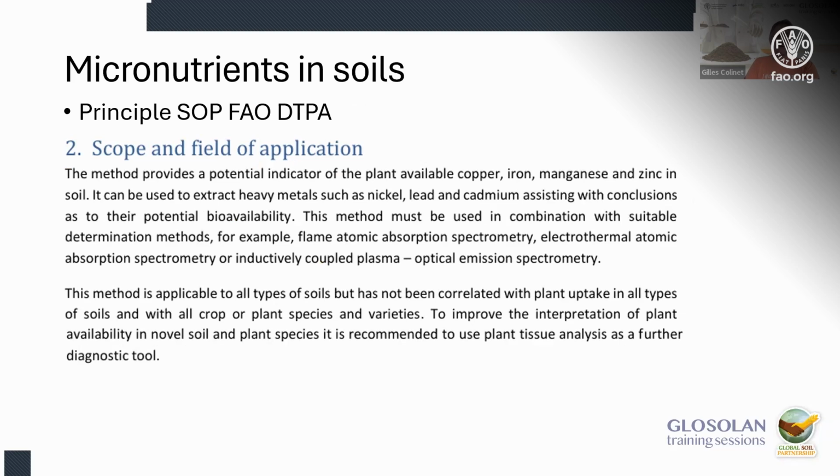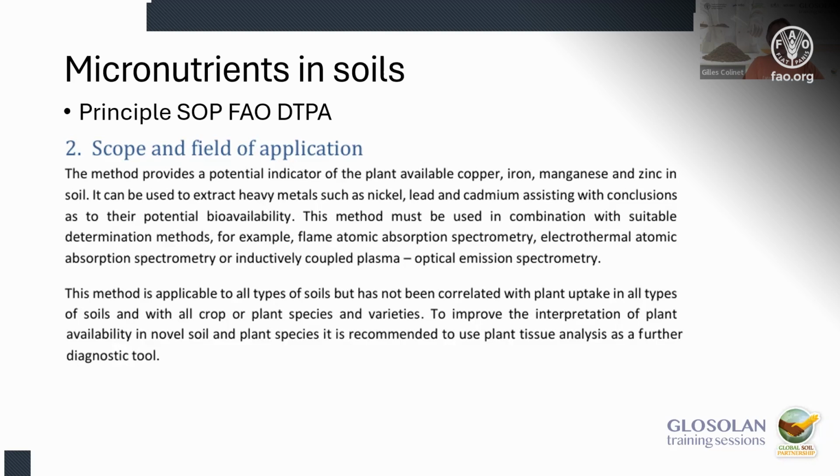Regarding the FAO-SOP, the method is proposed as an indicator of plant available copper, iron, manganese, and zinc, which are the target micronutrients, but also for other elements such as the heavy metals.